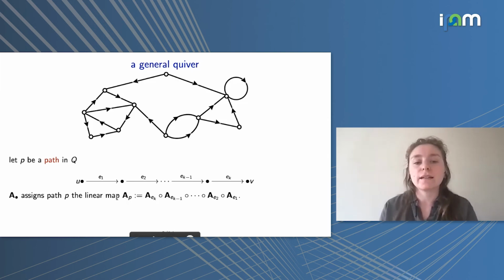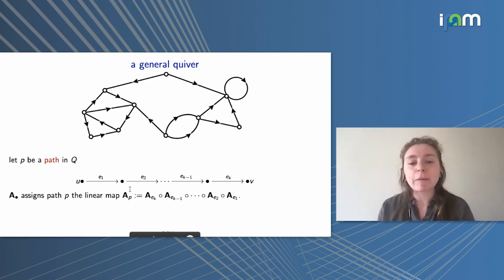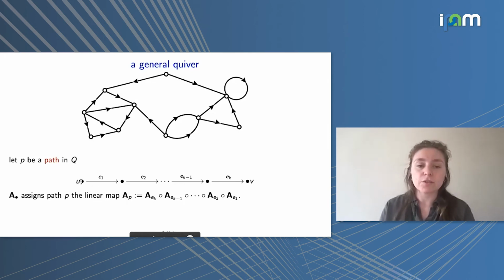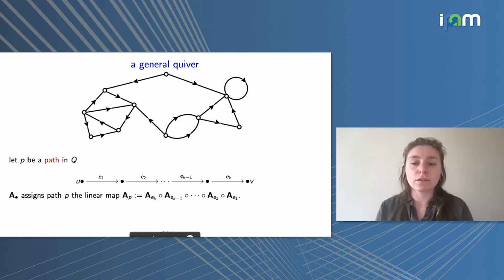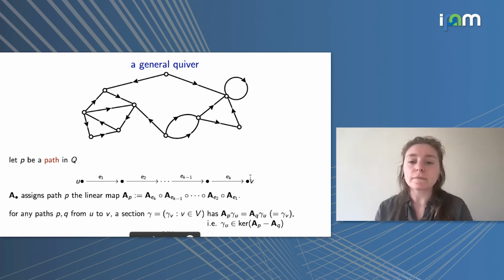So we can assign to the path P the linear map, which I'll call A_P, which first applies the linear map corresponding to the first edge, then the second edge, and so on, and then the kth edge. So it applies the linear maps along this sequence.